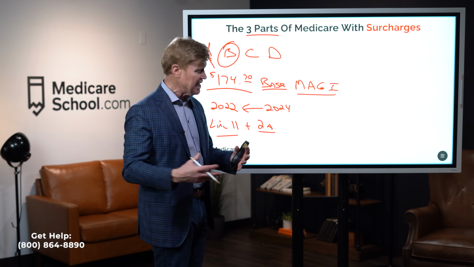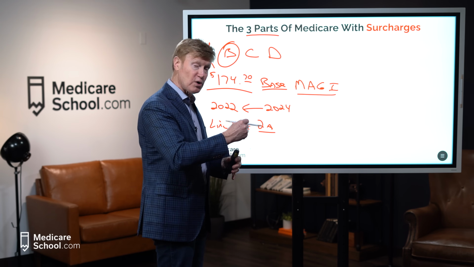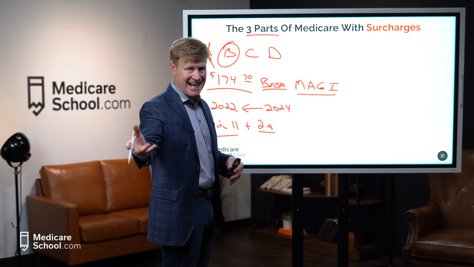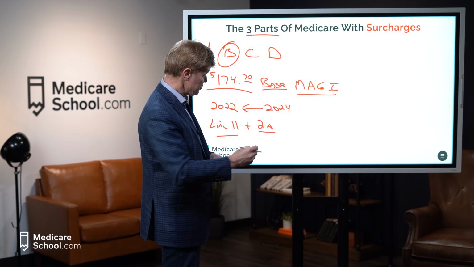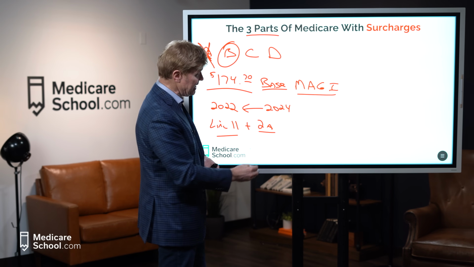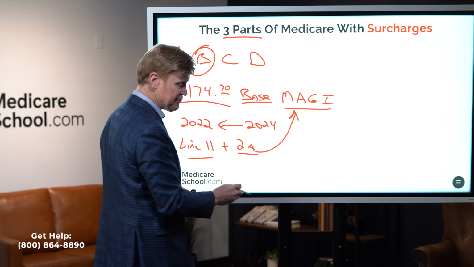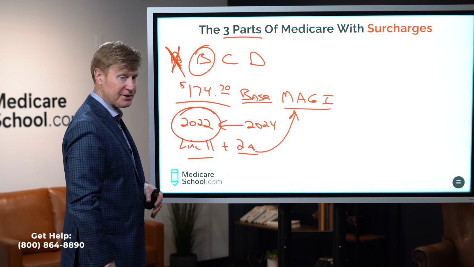You don't have to pay taxes on that income, but you have to report it. So they take line 11 plus line 2A, and that gives us our modified adjusted gross income, again looking back 2 years prior.